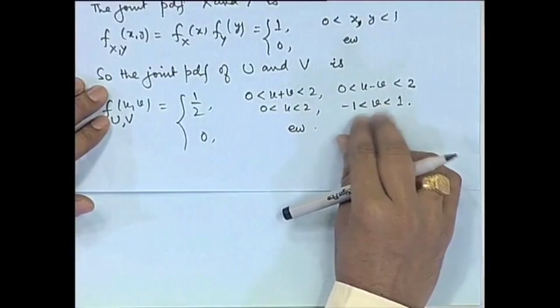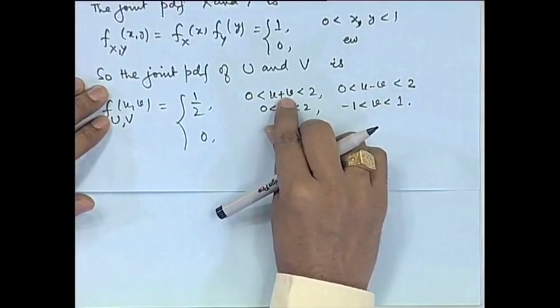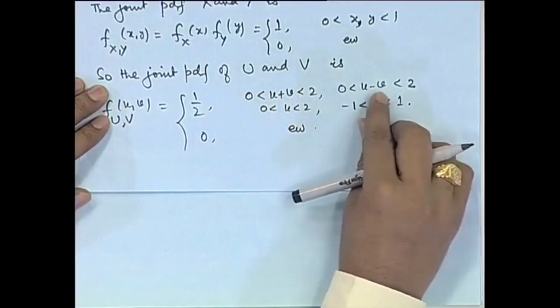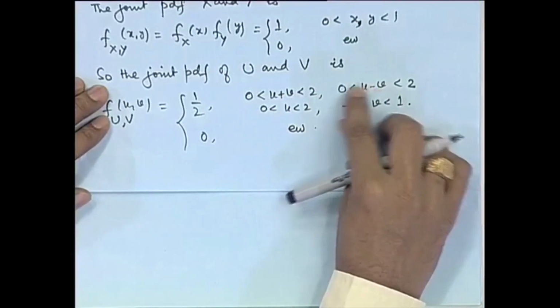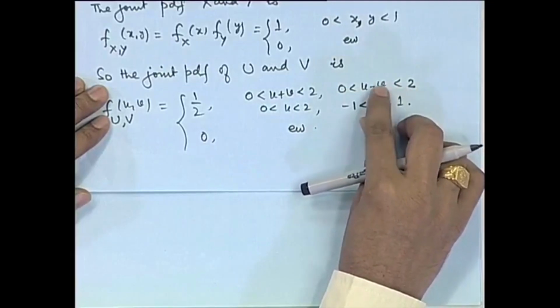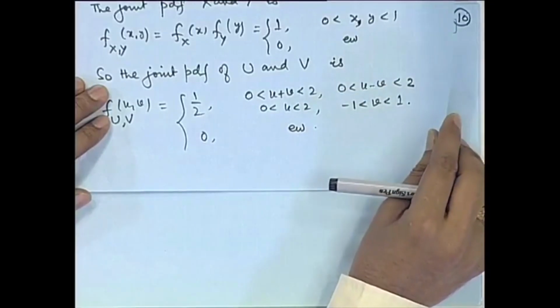V's absolute range is from minus 1 to 1, but here v lies between minus u to 2 minus u, and v is less than u and v is also greater than u minus 2.